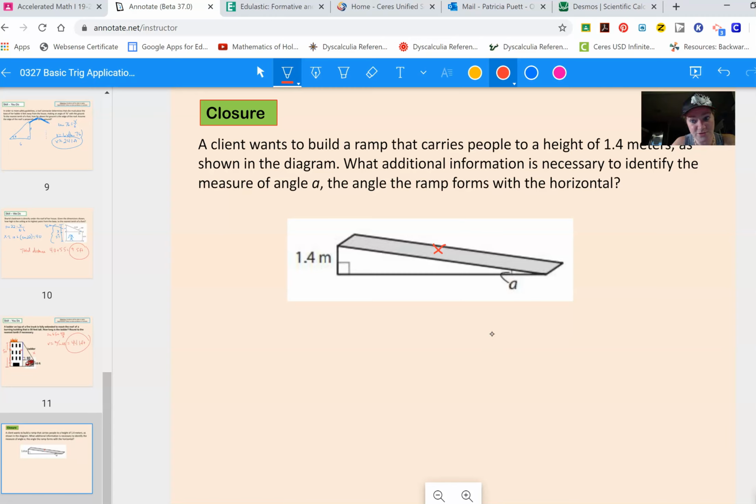The other thing you could do is, let's say you wanted to use tangent. If I wanted to use tangent, I'd use my 1.4, and then I would need to know this value down here. So the other additional information I'd need is, instead of how long the ramp is, how far that specific edge of the ramp is from the actual height of the object it's being placed against. So there's two possible options for this one.